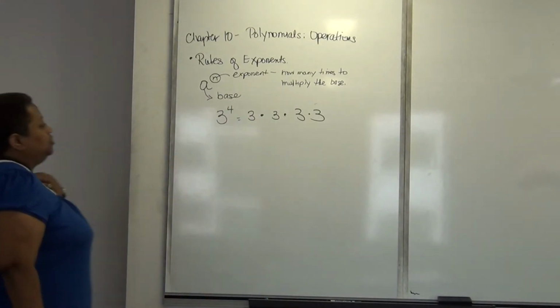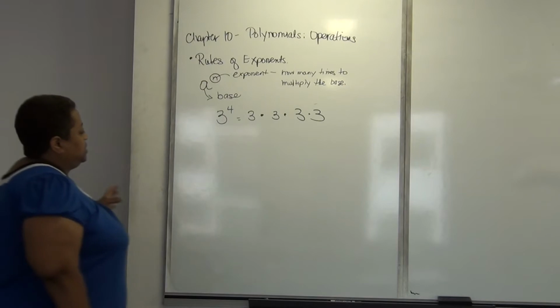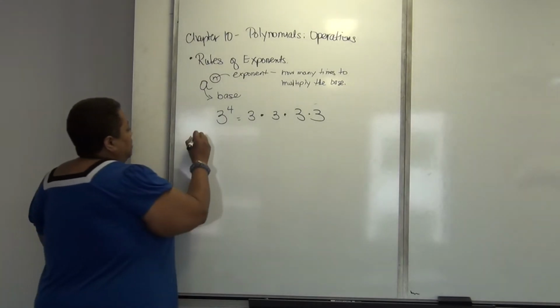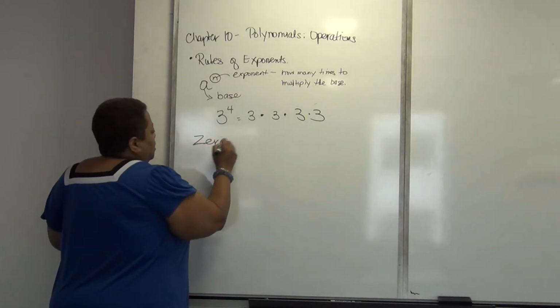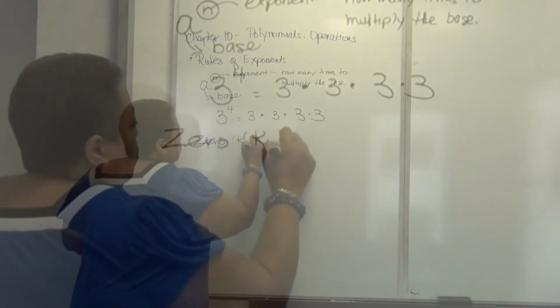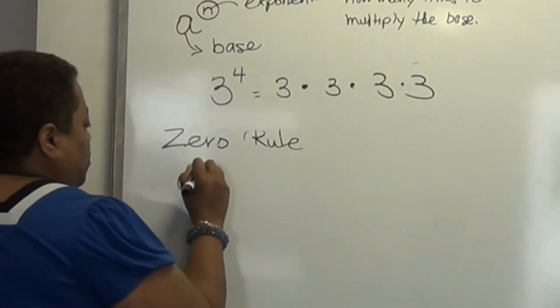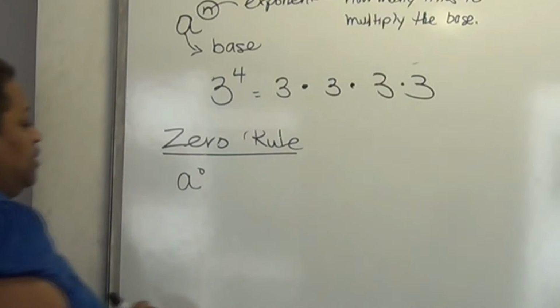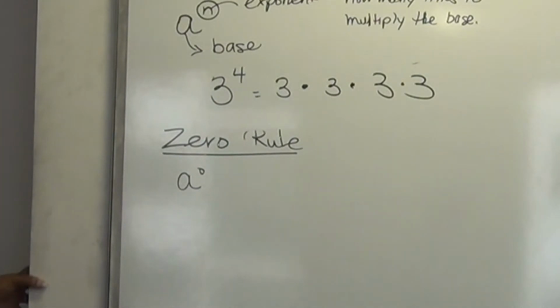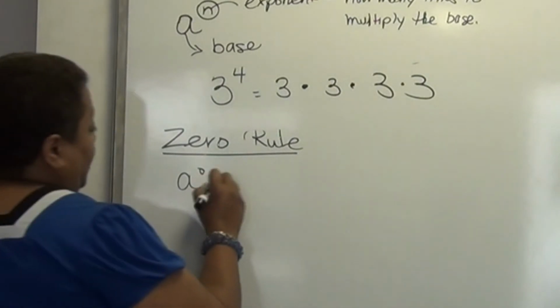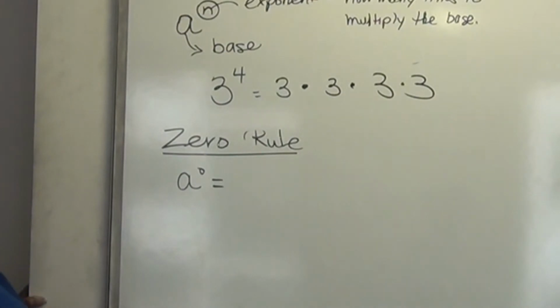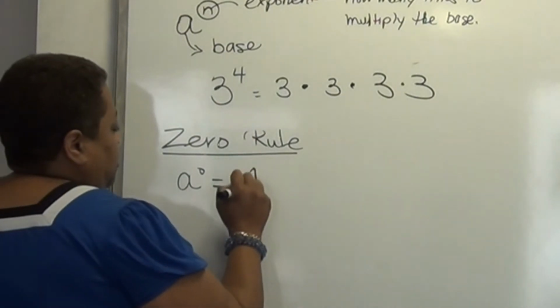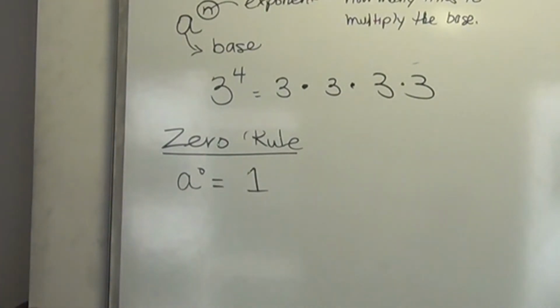Now, let's look at some rules about exponents. The first rule we're going to talk about is the zero rule. Okay? A term raised to the 0 power. Anything to the 0 power is, please don't make this mistake, it is 1.